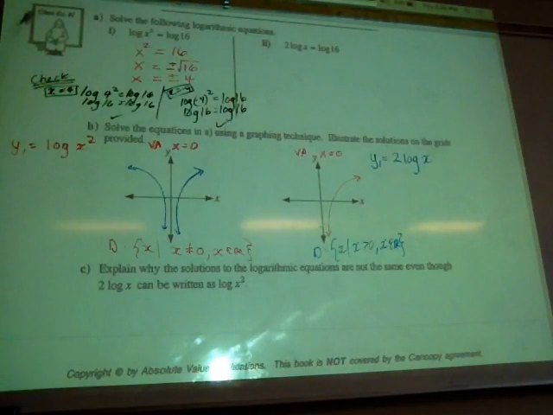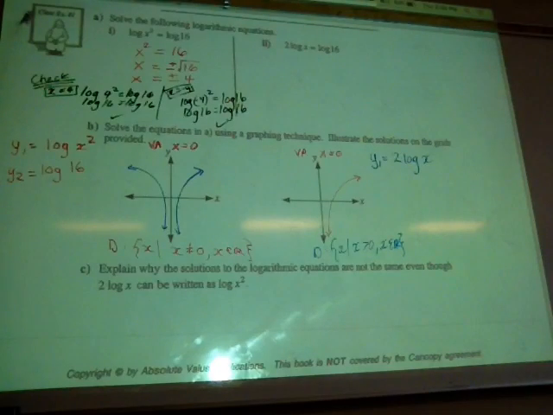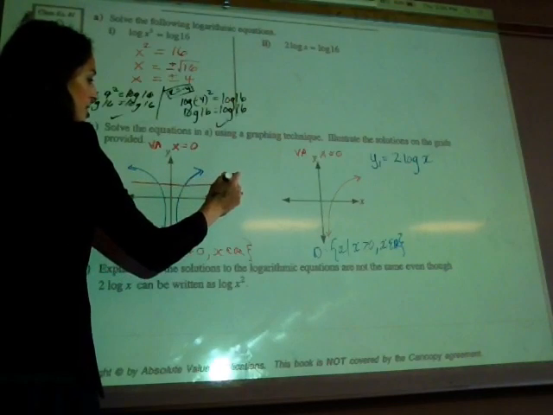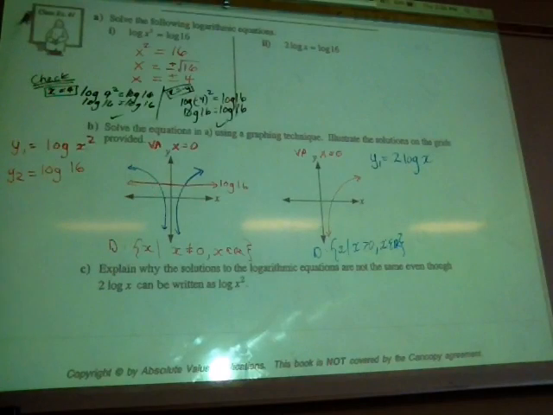So I'm going to introduce a little bit prematurely, but why not? You guys, could you put this back into your y1, so log x squared. And we're going to put into y2 the right-hand side of the equation, log 16. It's going to go across as a line.